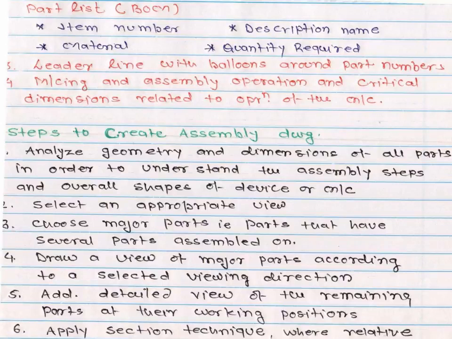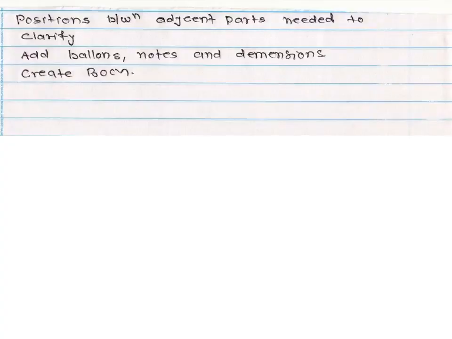Apply section techniques: if some dimensions in the drawings are hidden, then we make a sectional view of that particular part or component, where the relative position between adjacent parts needs clarification. So to clarify the internal information of a particular part, we use sections accordingly, and we add the balloons, notes, which are instructions for the operators who perform these operations for making the parts, and the dimensions, and also create the bill of materials, BOM.